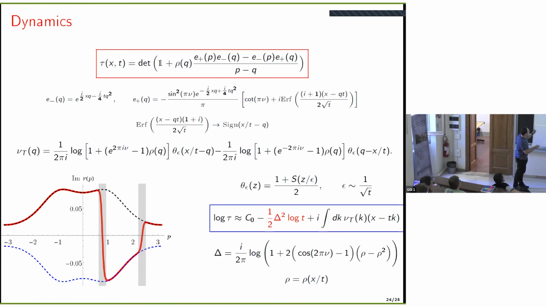Sorry, this is for the continuous case. This is the picture for the lattice, but okay. Otherwise, it's fine. And now, why is it bad to have a discontinuous nu?